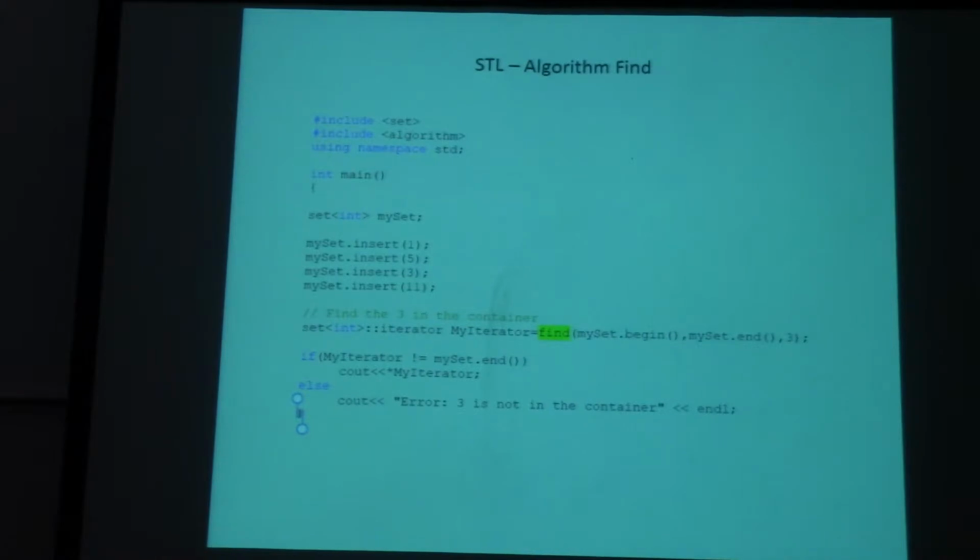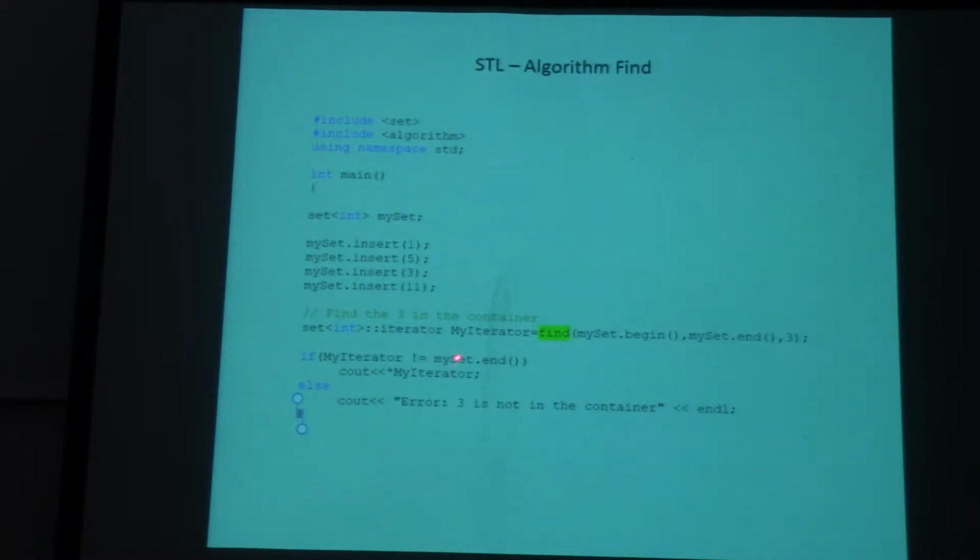So I'm checking if my iterator is not equal to myset.end. What do you think it would mean if my iterator was equal to myset.end? It didn't find it. That's why the pointer pointed to the end of the container.